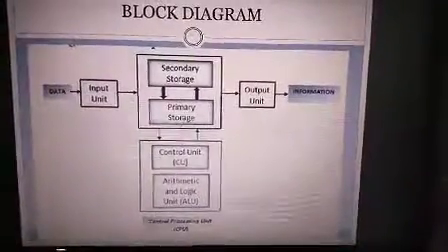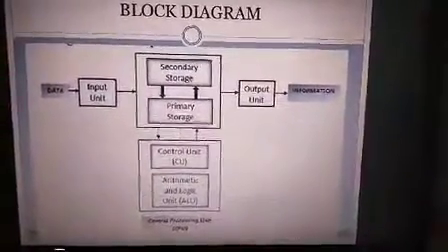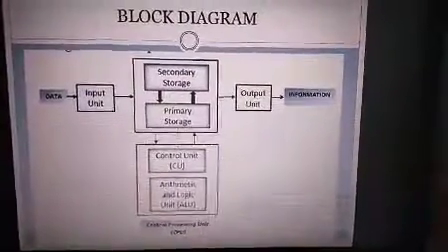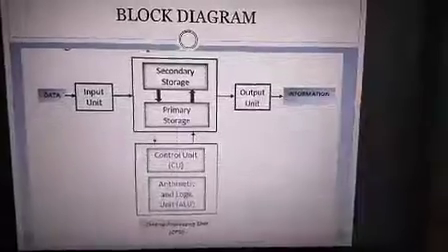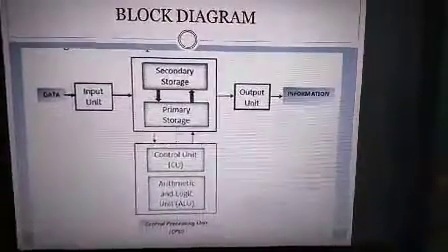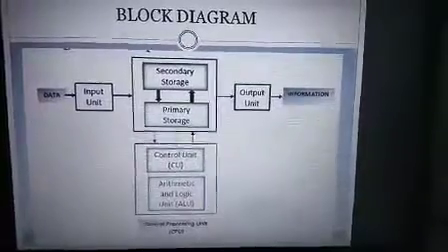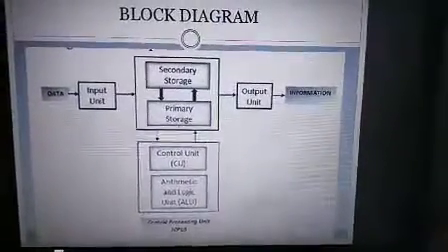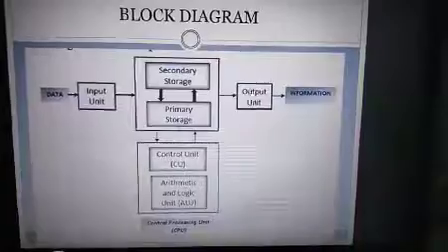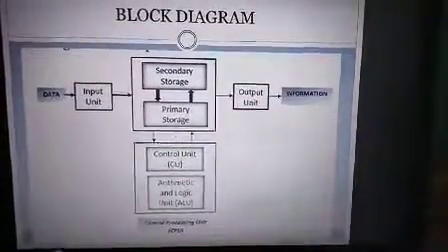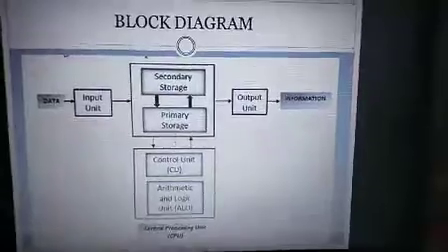These parts are again subdivided into various blocks. The central processing unit is divided into two components, the storage and the processing unit. The storage is divided into secondary and primary, and the processing is divided into control unit and arithmetic and logic unit.